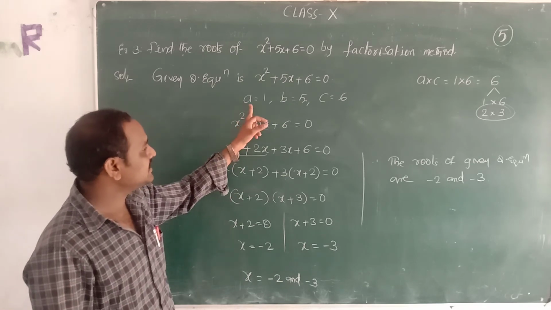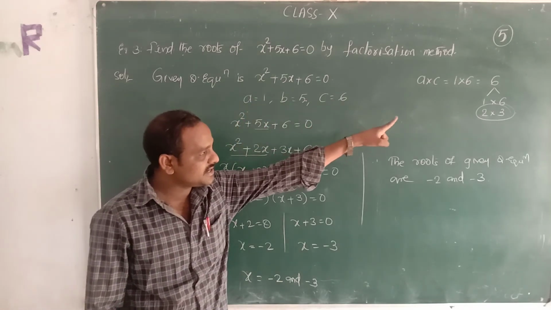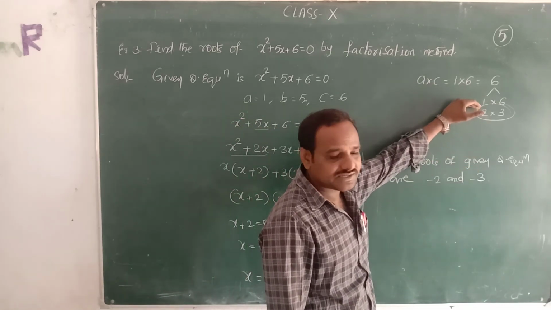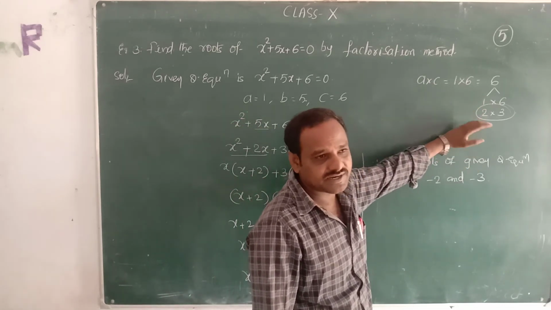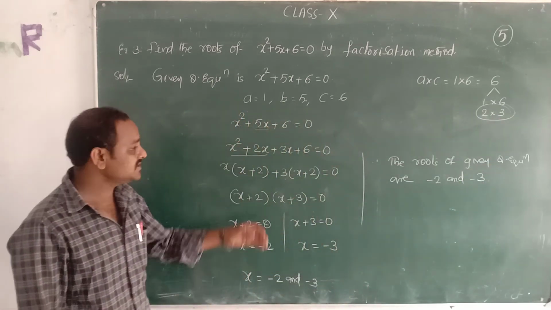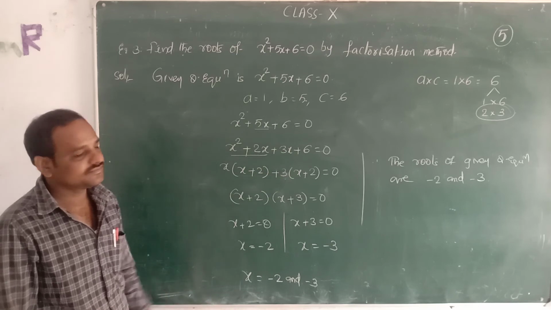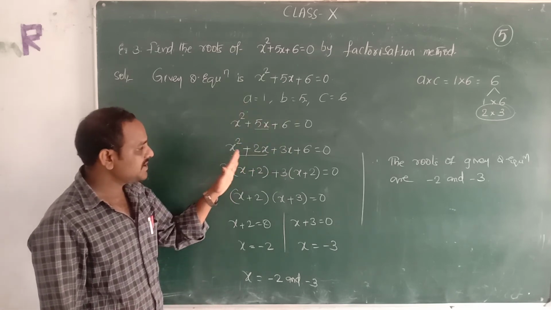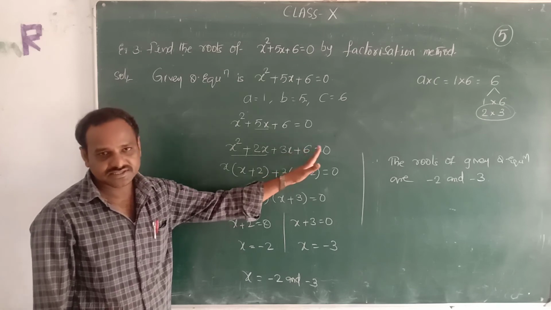By multiplying this a and c, we got 1 into 6 is equal to 6. We wrote the factors of 6. 1 sixes are 6, 2 threes are 6. By taking this 2 and 3, we split the middle term 5x as 2x and 3x.